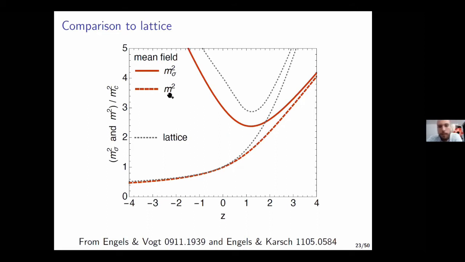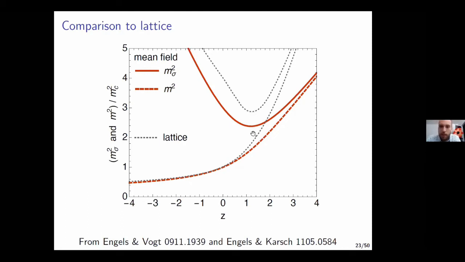And you see that in the broken phase, the lattice and the Pion mass squared really agree quite well. And as you go into the unbroken phase, there's actually some deviation, but qualitatively the picture is captured pretty well. And likewise for the screening mass at the asymptotia, so you can't really see this, these agree very well, but the qualitative picture is exactly what you would expect.